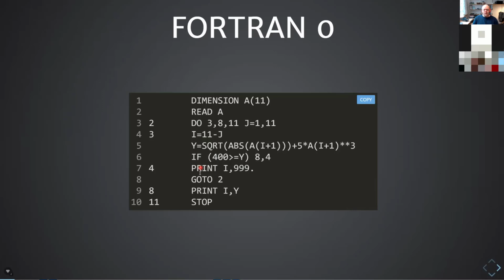You also had if statements and stuff like that, but you still have this line numbering and go to statements and pretty simple syntaxes. In the do loops, you actually have to specify line numbers for where you iterate and where you exit the loop and so on. So it was simple in that sense, but it was a big step forward.